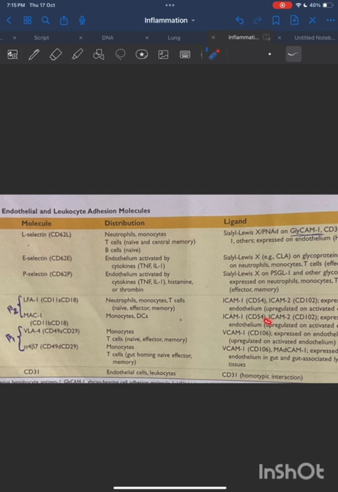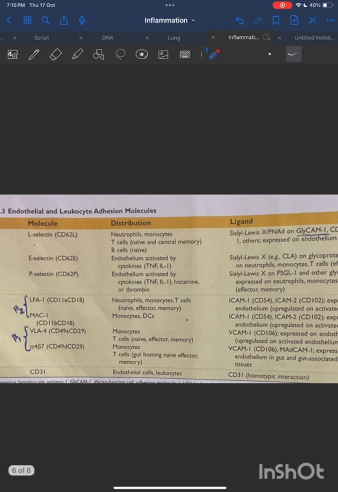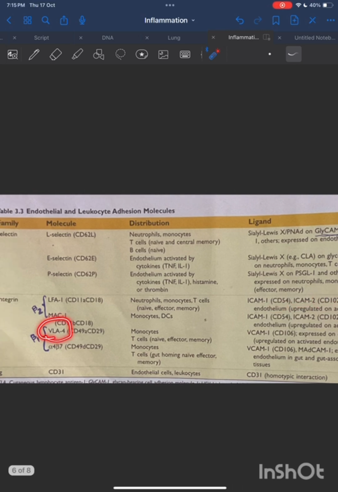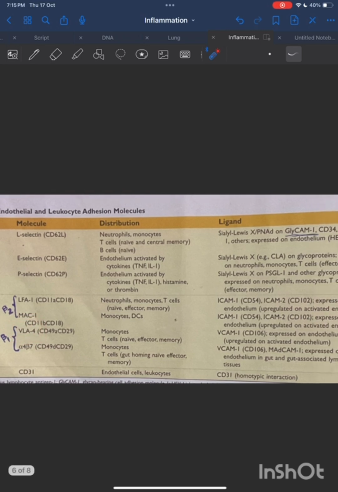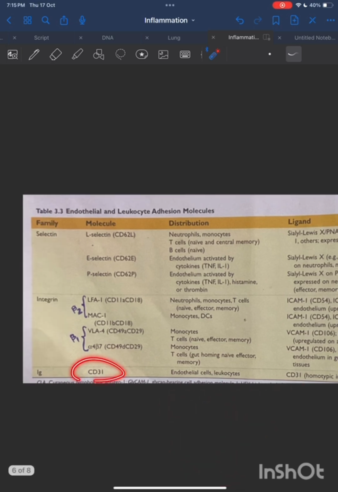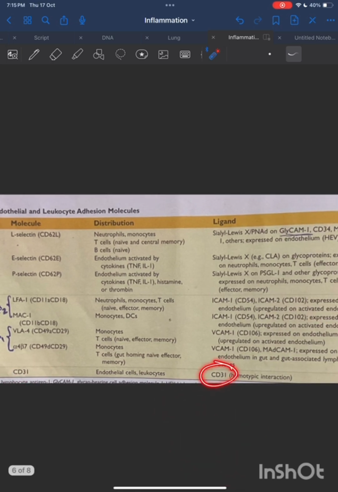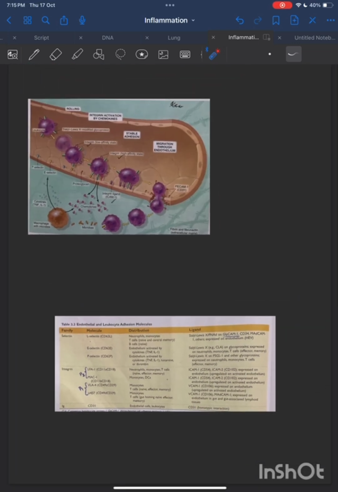ICAM2 is CD102. Then another one is VLA4 molecule, for which the ligand is VCAM1. It is CD106. So 54, 102, 106. Try to remember these CD numbers. Then PECAM is there. It is CD31. Okay. That's it.